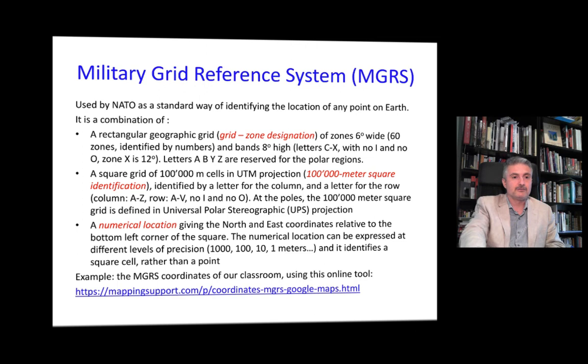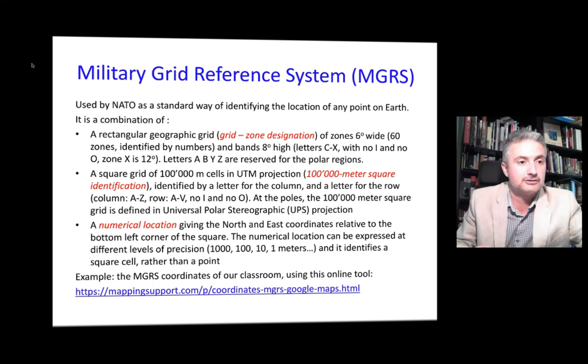This is now all very theoretical, so we're just going to play around. I found a nice app that lets you visualize the MGRS coordinates. We will do that for our classroom.